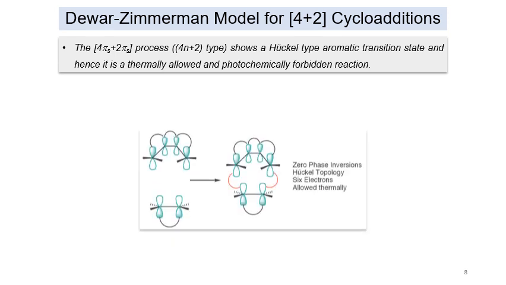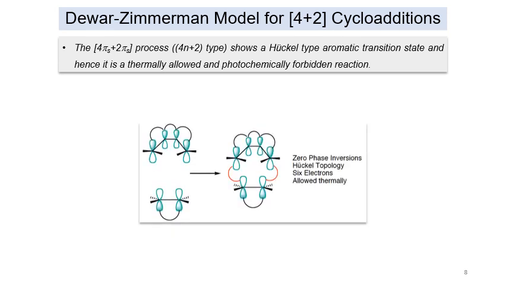We also saw the Diels Alder model for 4 plus 2 cycloadditions, where we saw that this is a Huckel type aromatic transition state and therefore is a thermally allowed and photochemically forbidden reaction.